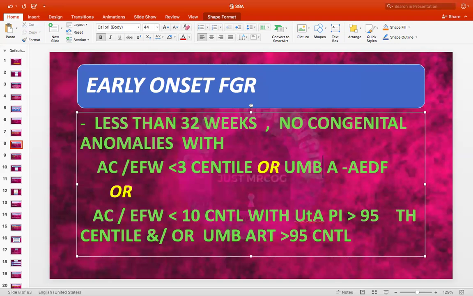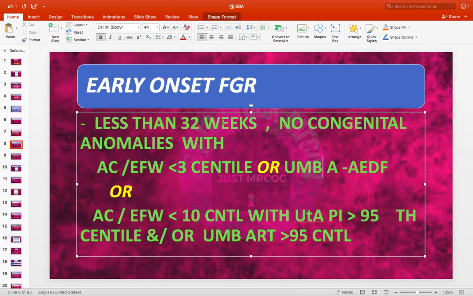So basically, at less than 32 weeks, no congenital anomaly, associated with either this, this, or this. Absent diastolic flow is an independent criterion, even if we do not have the others. If we have absent diastolic flow before 32 weeks, it is early onset FGR. Clear?